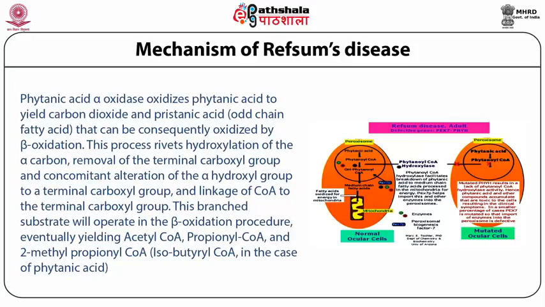The pictorial representation in the slide shows the Refsum disease of an adult with defective gene PEX7 and PHYH.